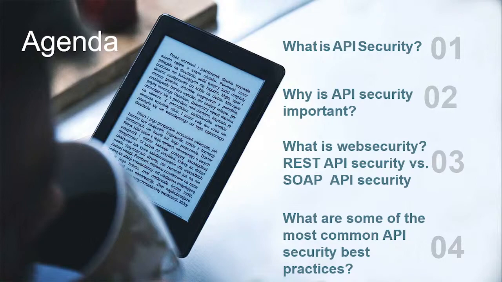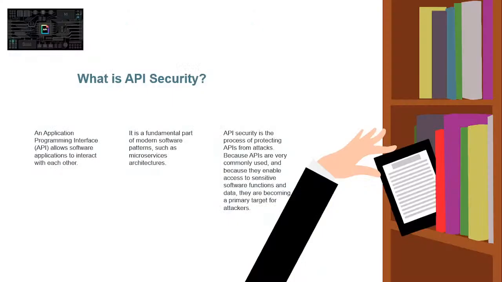So friends, an API, which is application programming interface, allows software application to interact with each other. So using this API, software basically interact. It is a fundamental part of modern software pattern such as microservice architecture. API security is a process of protecting API from any attacks.